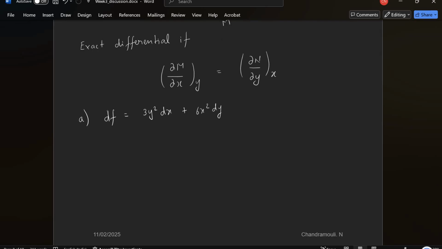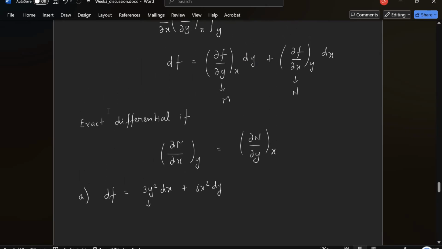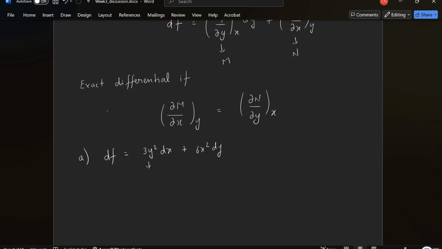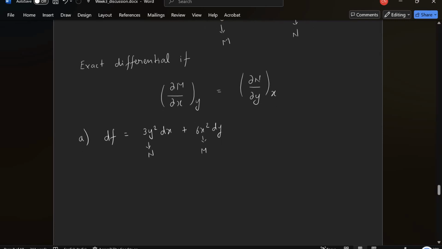So this one is going to be the M, and this is going to be the N. Now del M by del x at constant y, if you differentiate it with respect to x, is going to be this. Then del N by del y at constant x is going to be 6y.